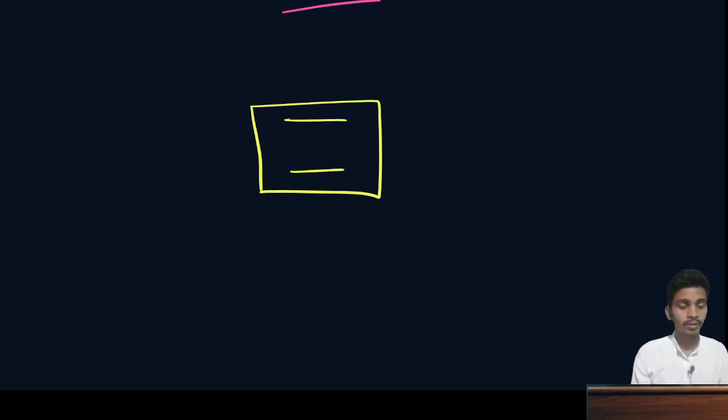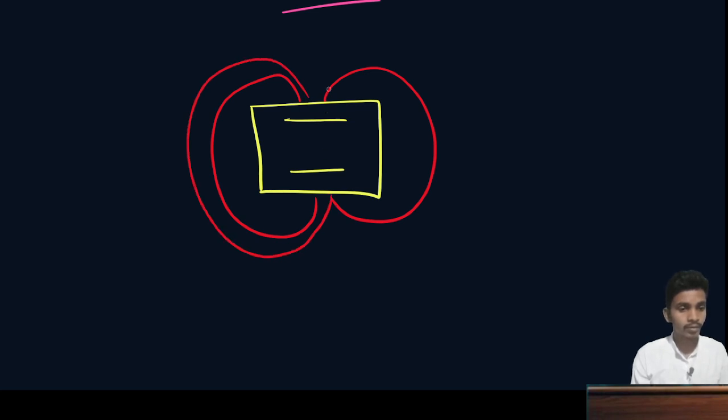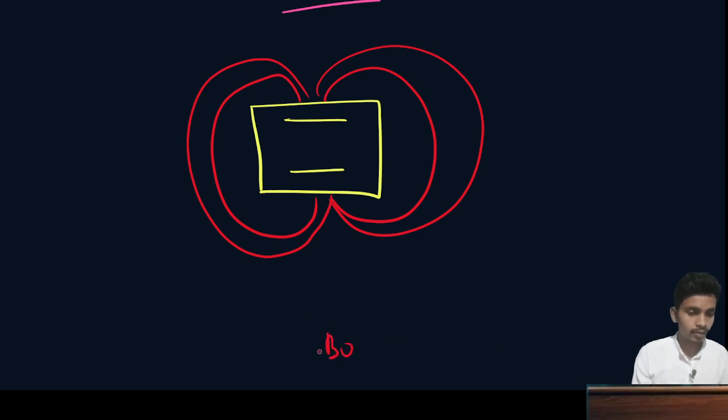Now for anti-aromatic systems, let's say these molecules. Okay, here the pi electrons have a paratropic ring current. Here B naught is the applied magnetic field, and the induced field will be in the same direction as the applied magnetic field.